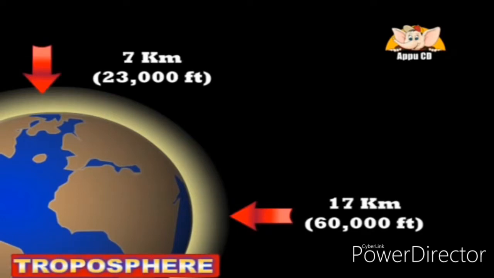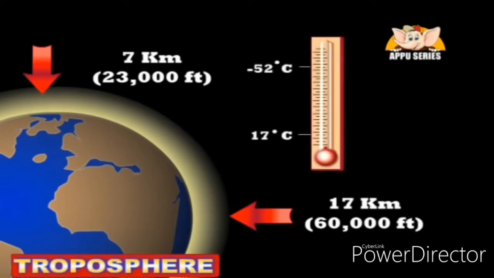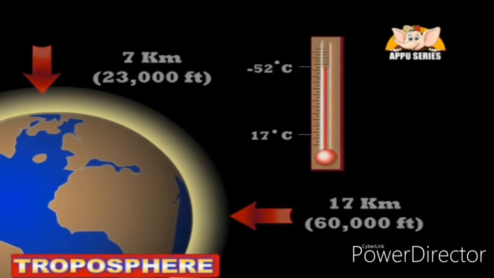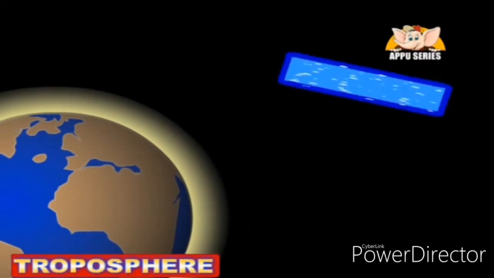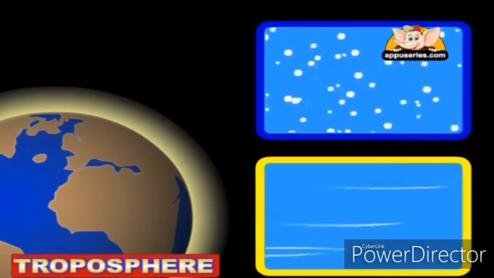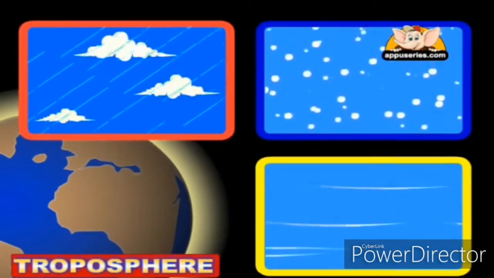This part of the atmosphere is the most dense. As you climb higher in this layer, the temperature drops from about 17 to minus 52 degrees Celsius. The troposphere is known as the weather layer since snow, wind, and rain stick to this layer.